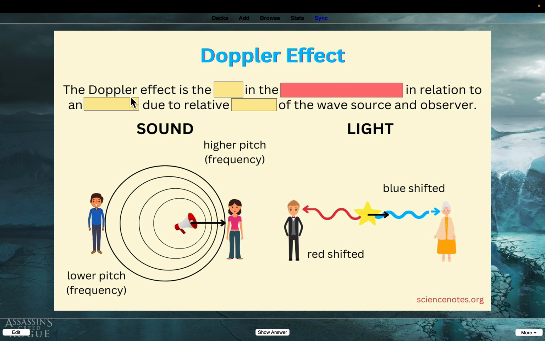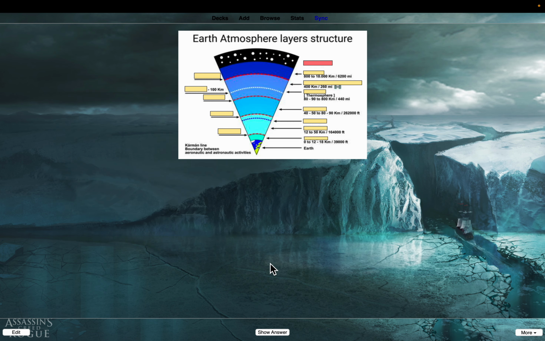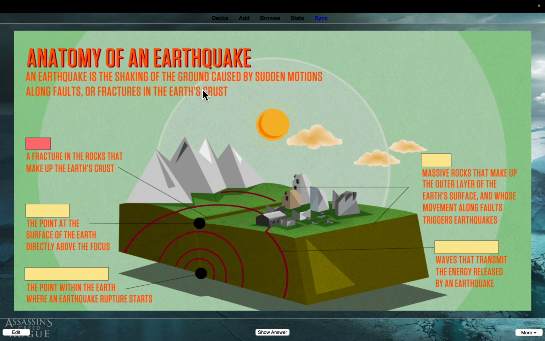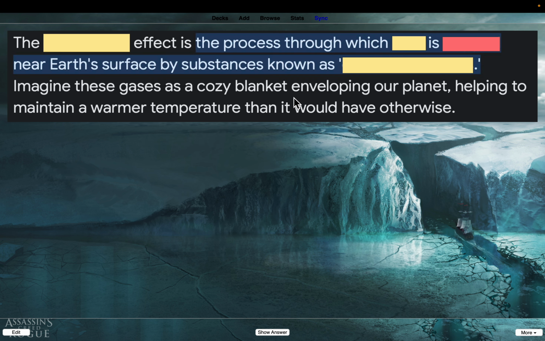Doppler effect is the blank in the frequency of a wave in relation to an observer due to relative motion. Exterior space. Something line. Karman. Okay. Ionosphere, or in other words, thermosphere, I believe.